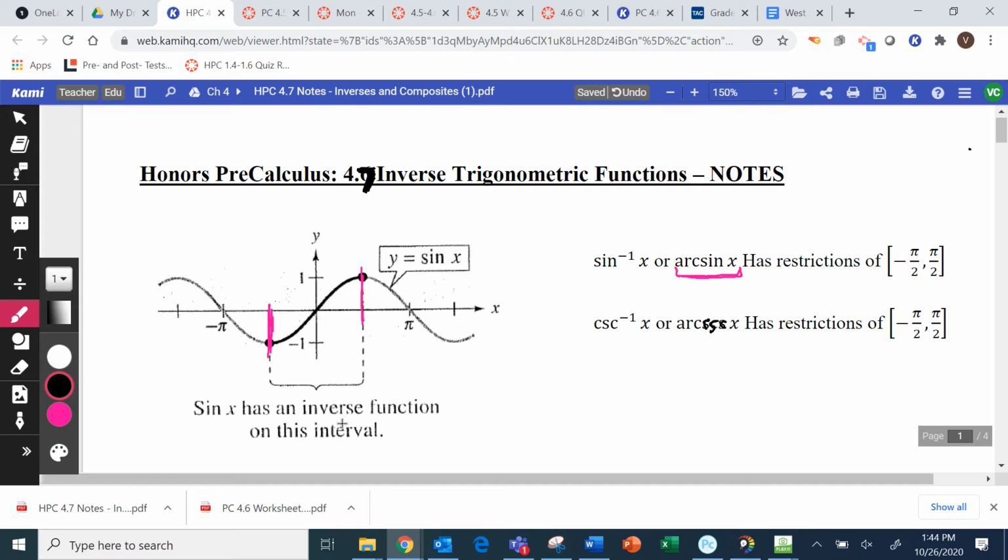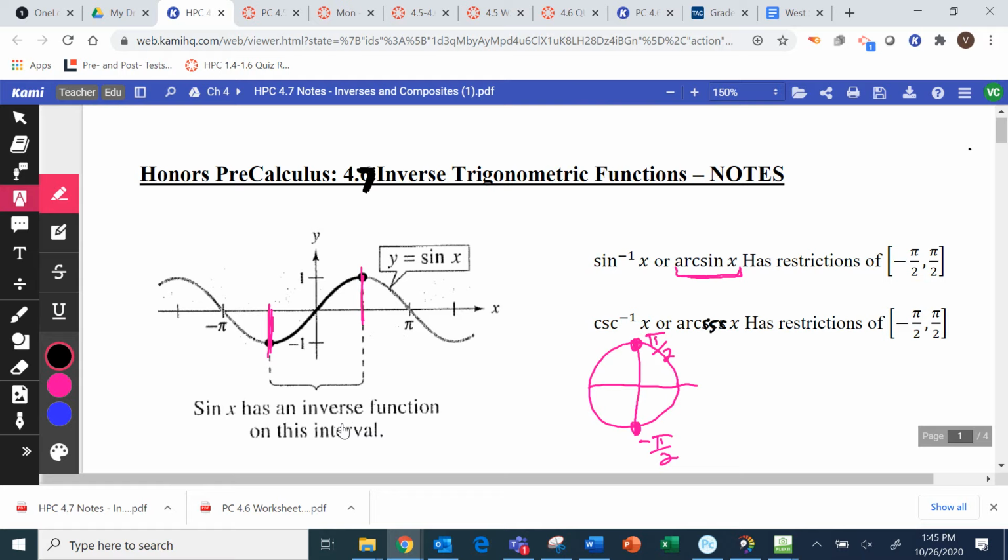And I'm going to draw a little picture because I'm a visual person. I'm going to draw a little picture of negative pi over 2 to positive pi over 2, so I can visualize, so I can see it in my brain where the domain is restricted for that.